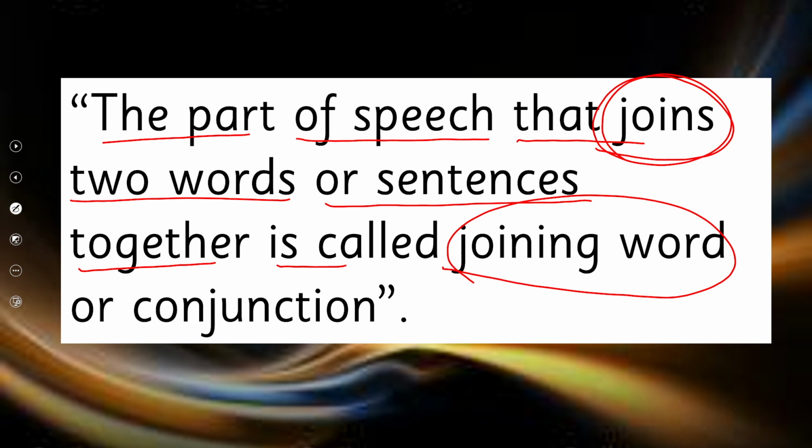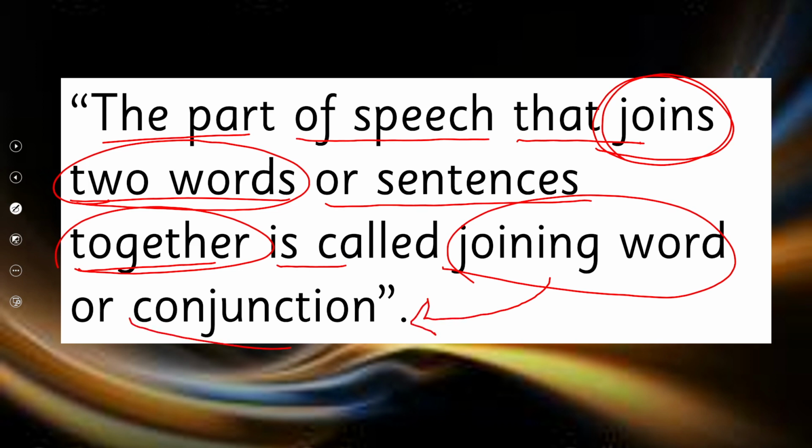So what do joining words do? They join two words or two parts of a sentence. And in grammar, we call these joining words conjunctions. So joining words are conjunctions, and they join two words or two parts of a sentence.